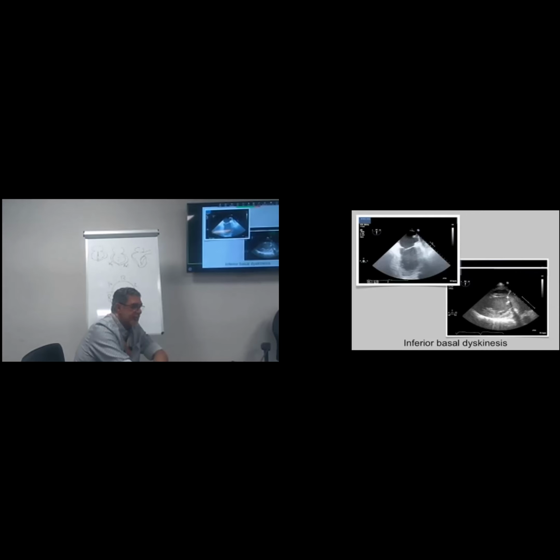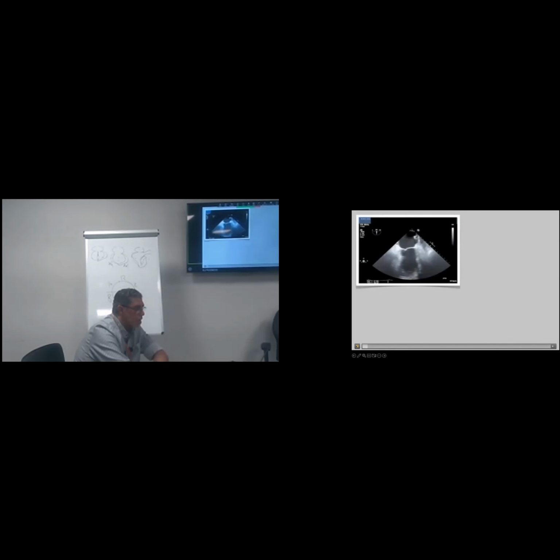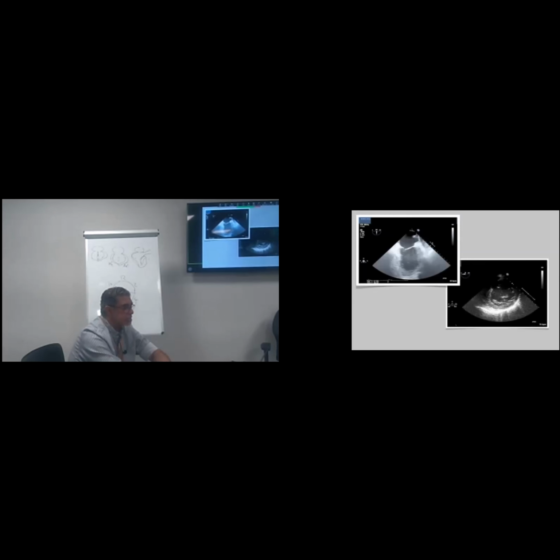Let us check it again. The wall is moving outwards. During systole, the basal area is going to the other side. Notice this. Here, unfortunately, the gain in the inferior part is not clear.